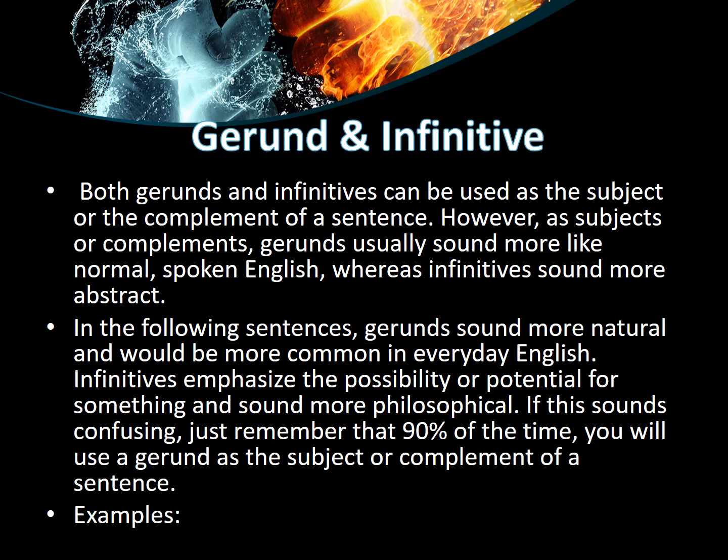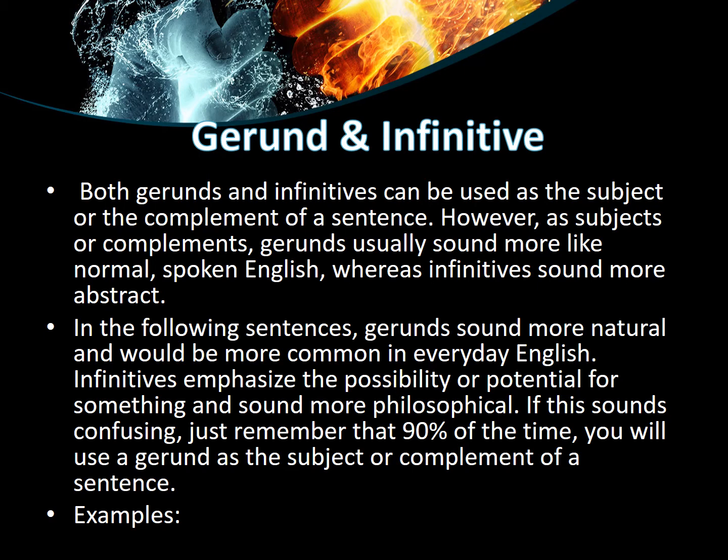Now let's talk about the differences between gerund and infinitive in a sentence. Both gerund and infinitive can be used as the subject or the complement of a sentence. However, as subjects or complements, gerunds usually sound more like normal spoken English, whereas infinitives sound more abstract. Means to say, gerund is commonly used in normal spoken English that we understand, but infinitive sounds more abstract.